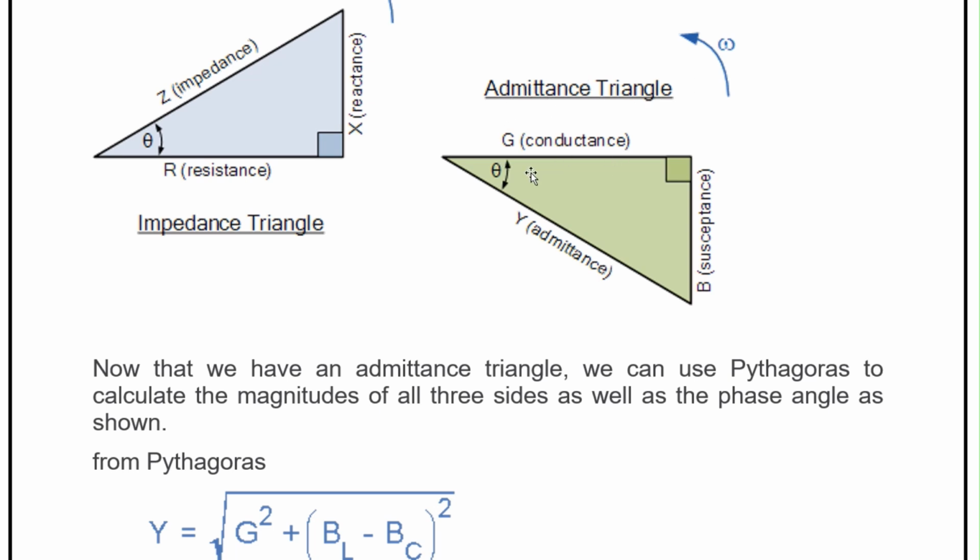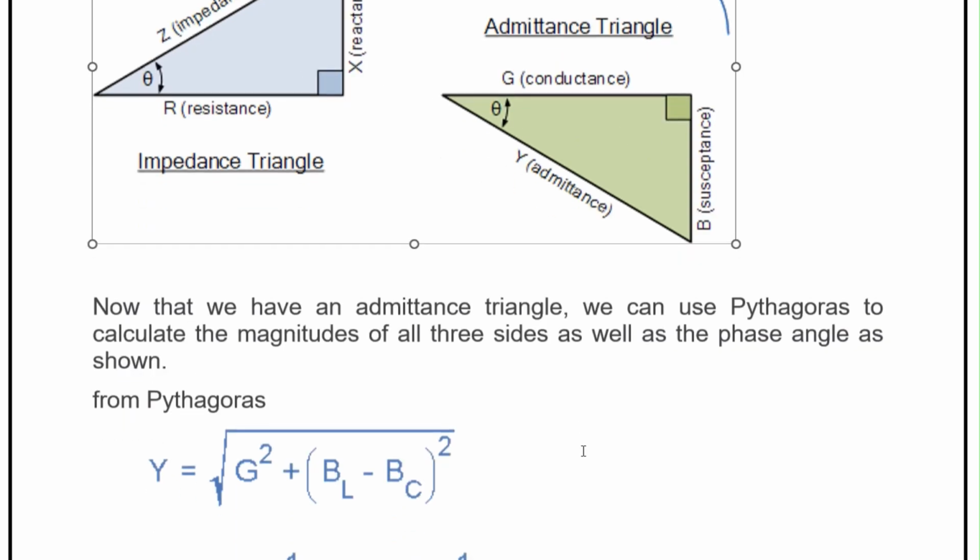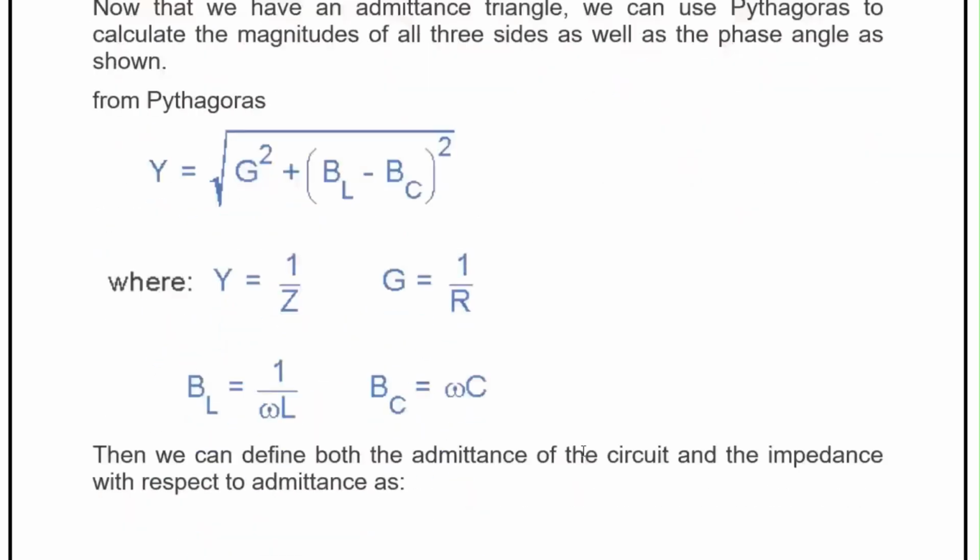The admittance triangle has G conductance, B susceptance, and Y as the resultant of G and B, where Y is the admittance. Look at the impedance triangle: on the x-axis you have R, on the y-axis you have reactance, and the resultant is impedance. So these two triangles are similar in nature.